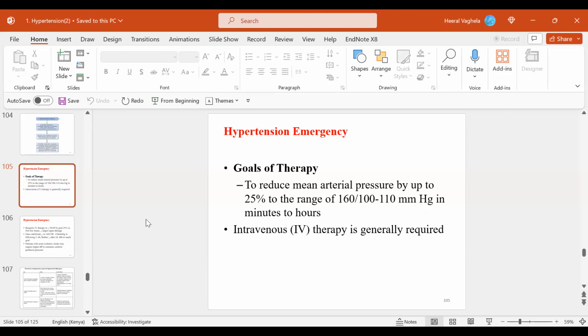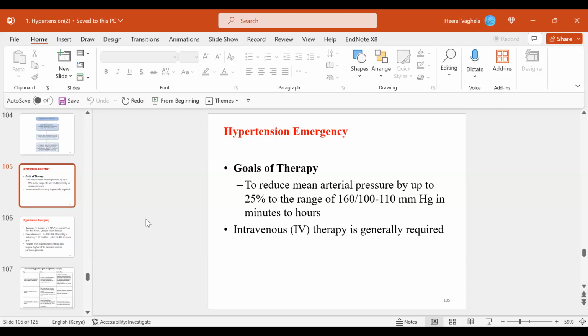Over here, you increase the doses of the current medications of the patients, or you add a fast-acting drug like clonidine, labetalol, or captopril. In hypertensive urgency, nifedipine is not given because it can increase the risk of cardiac ischemia.